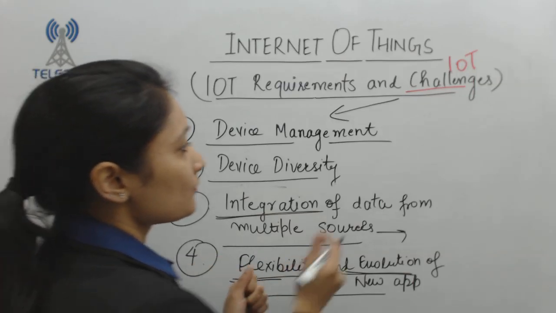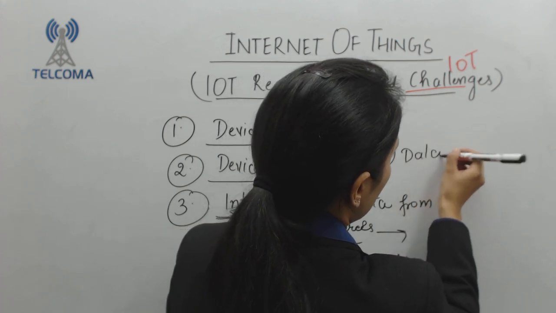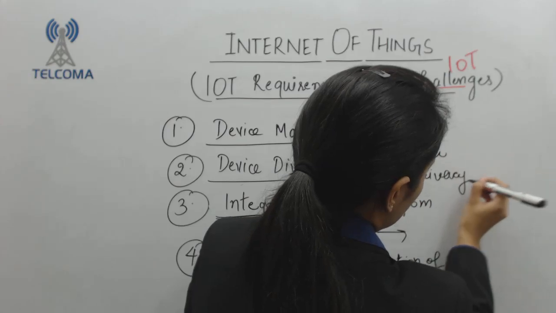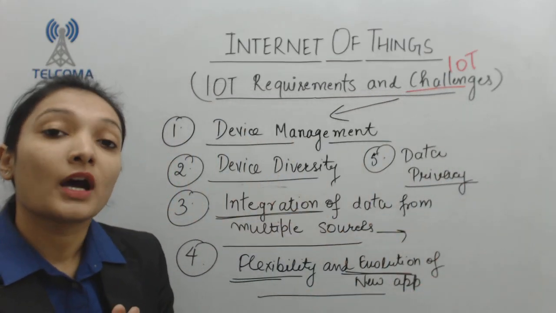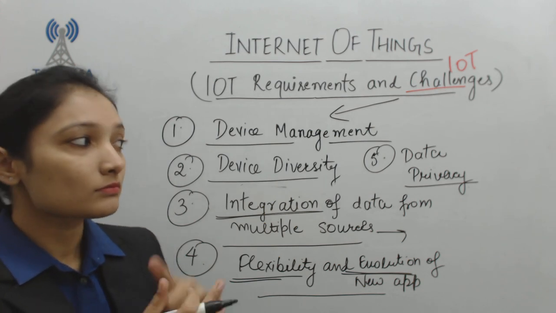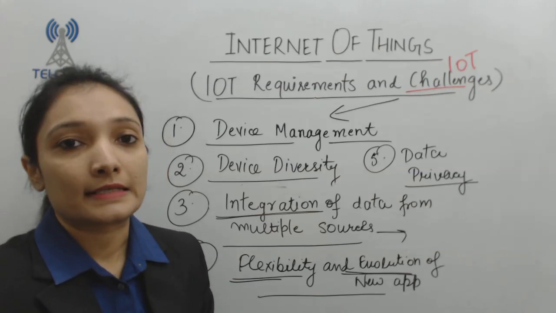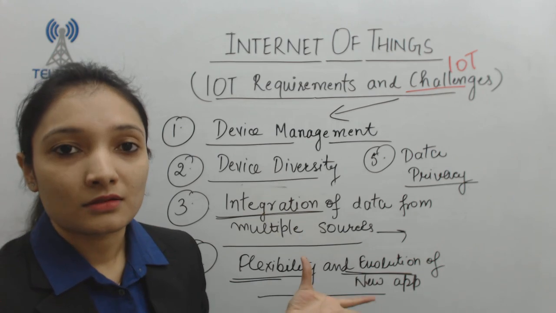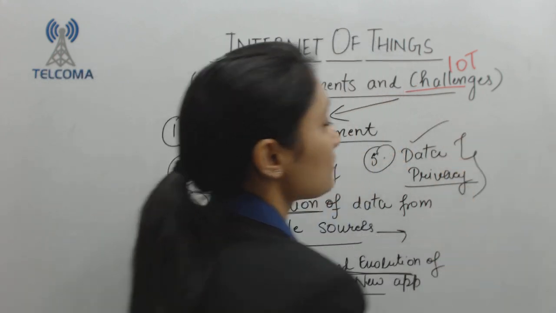Now, another challenge which remains for IoT is data privacy. Now, data must be protected from unauthorized access, because every kind of information is being transmitted here, starting from your banks, from your e-commerce, or your health-related systems. So this remains a key challenge.